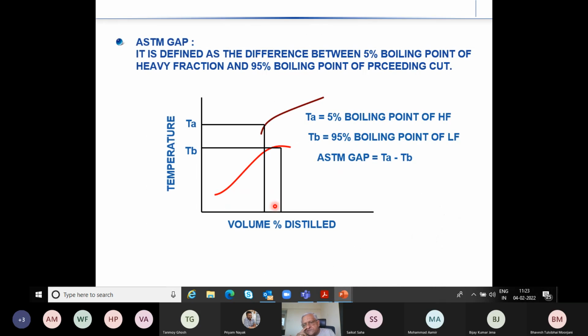So this is summarized in the next two slides. The ASTM gap is defined as the difference between the 5% boiling point of the heavy fraction and the 95% boiling point of the lighter fraction. So you have the 5% boiling point of the heavy fraction minus the 95% boiling point of the light fraction. That is how you define the ASTM gap.